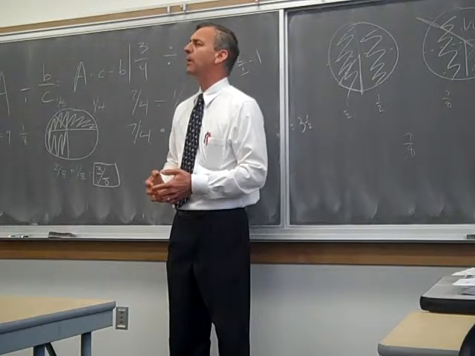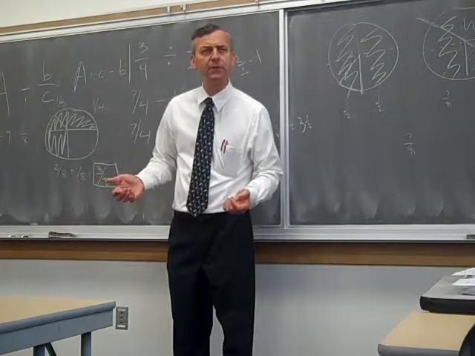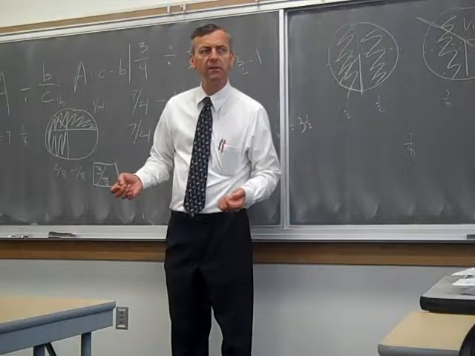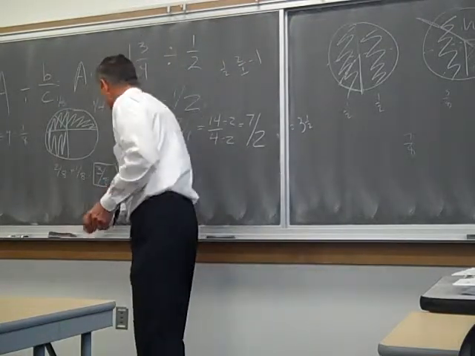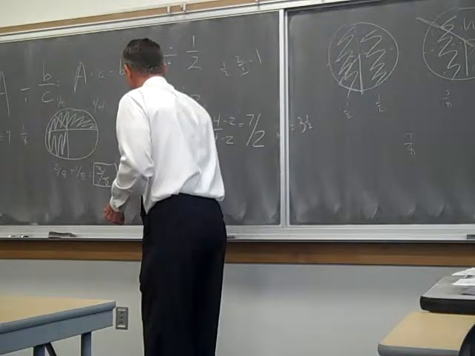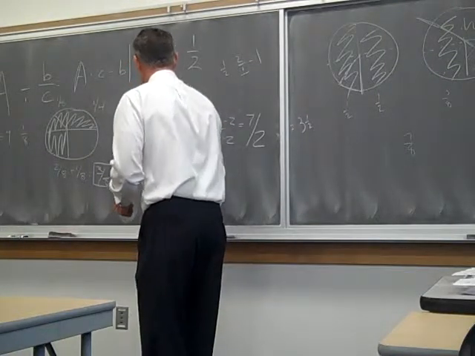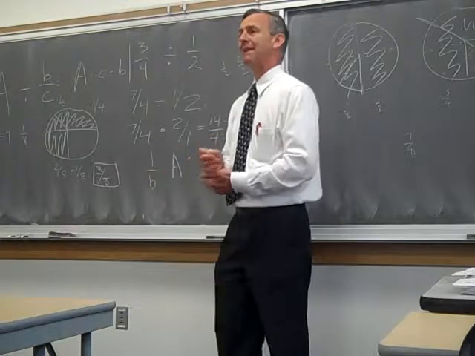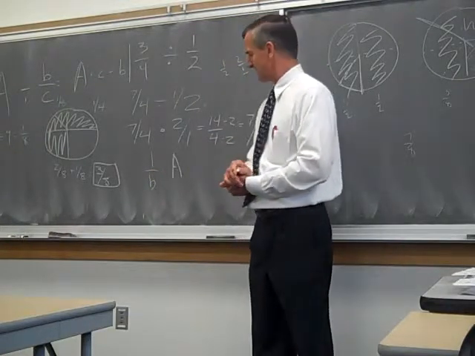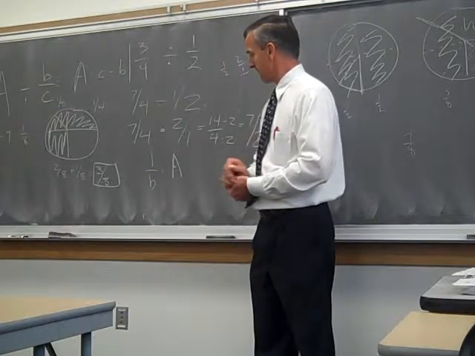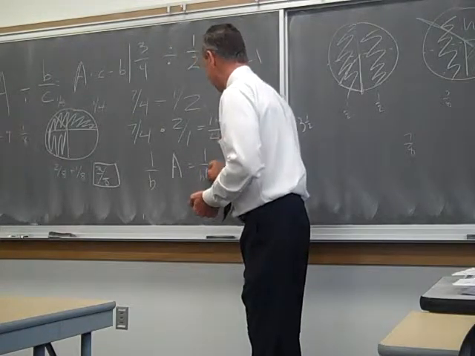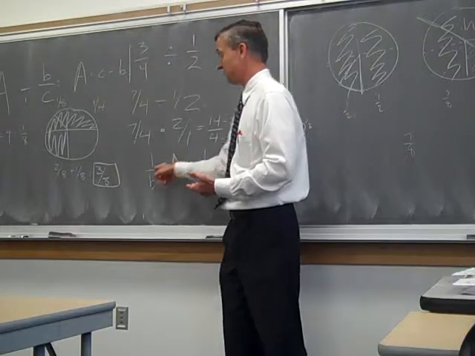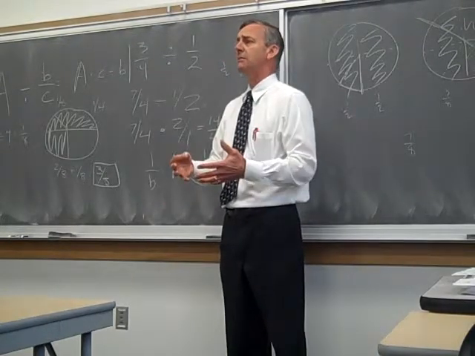Now we've got, and what did you do with every one of those? When it was a 1 over B times some A, what was the answer always? It was 1 over B times A, right? You just took this and that's the way it turned out every time.